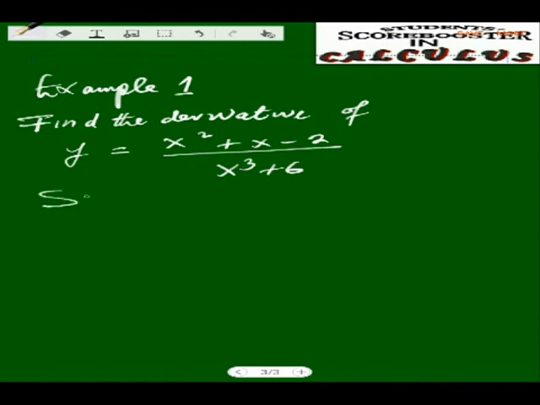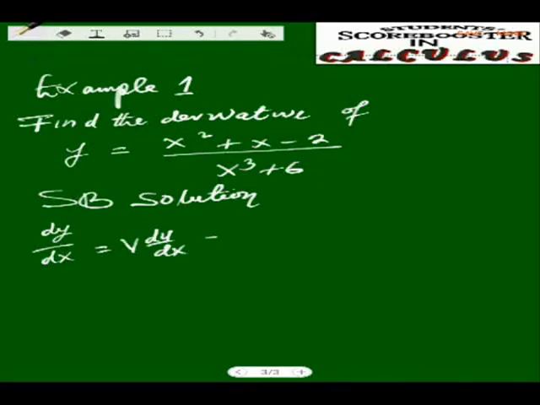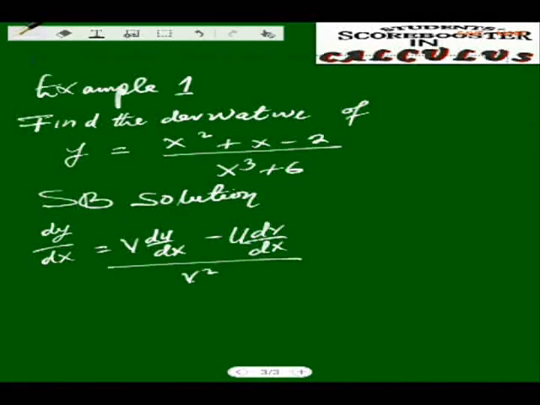So the ScoreBooster solution is, firstly, let us write the formula that we need. Please don't forget this, minus u dv dx. This will really guide you on what and what you need to solve this problem.